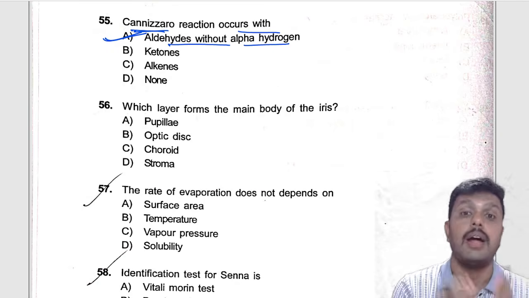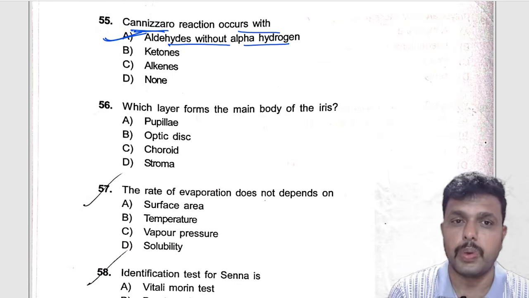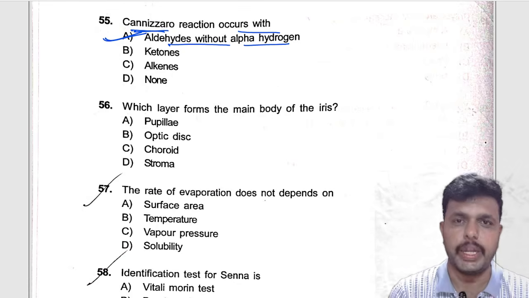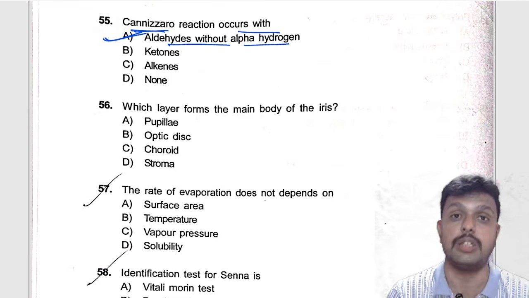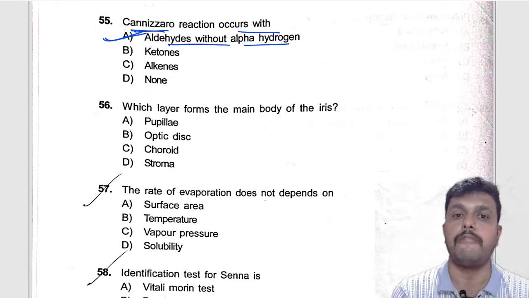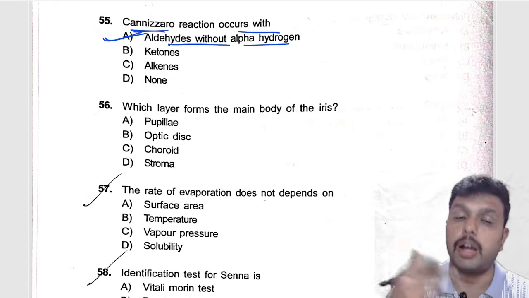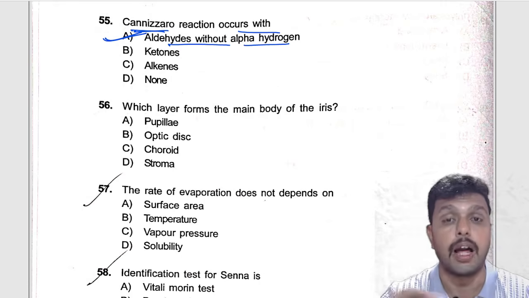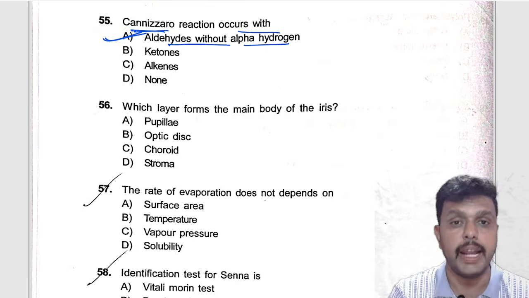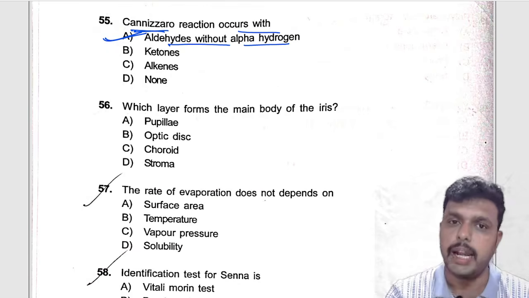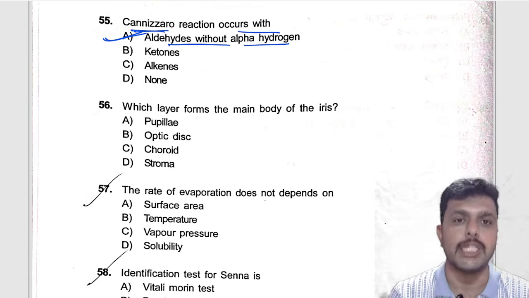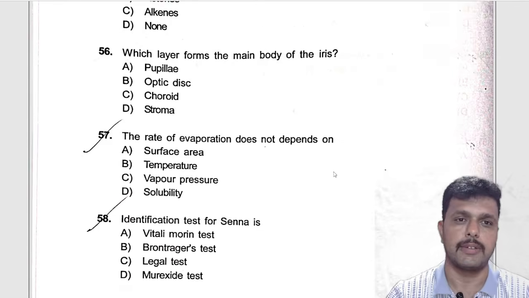In this reaction, self oxidation and reduction is involved with the aldehyde groups, and there is no alpha hydrogen attached. If alpha hydrogen is attached, that is known as aldol condensation. Aldehyde with alpha hydrogen is aldol condensation. Aldehyde without alpha hydrogen is the Cannizzaro reaction. Is it clear, students?